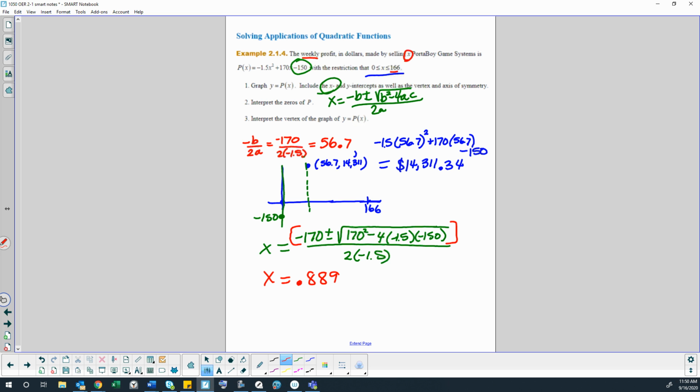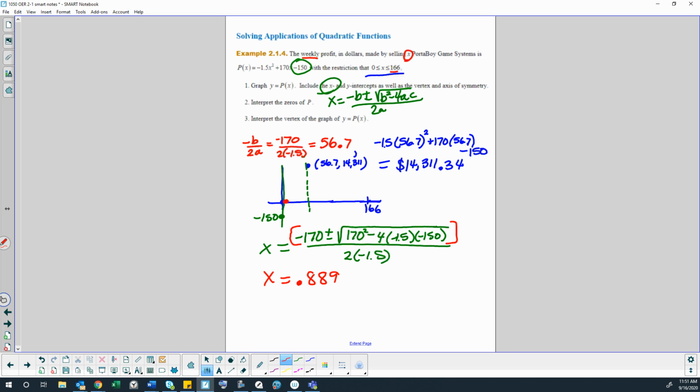So there's one of my x-intercepts, right? They're really close to 0. Let's do the other one. So same problem, but this time I subtract. So negative 170 minus the square root of, and if you know how to repeat stuff in the calculator you're using, you can pull it back down and use it again. Although you're restricted to being able to use scientific calculators.